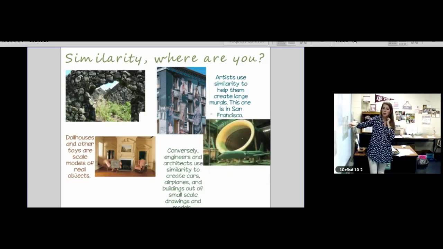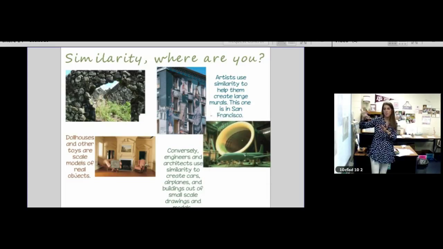This one I really like. I don't know if you can tell what's going on here. This is called a wind something. Oh, it doesn't say what it is. Okay, but it's a wind tunnel. And what they do is they put a model airplane in there, and they blow the wind. And they find out, how does that model airplane react to this wind? Does it work? Is it functioning correctly?